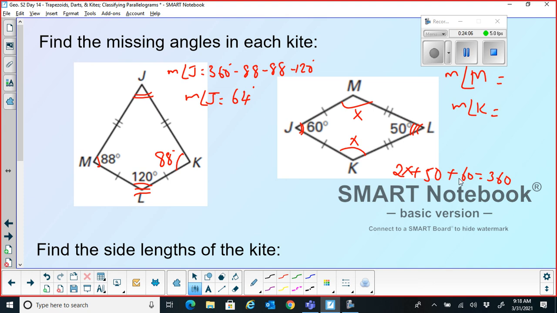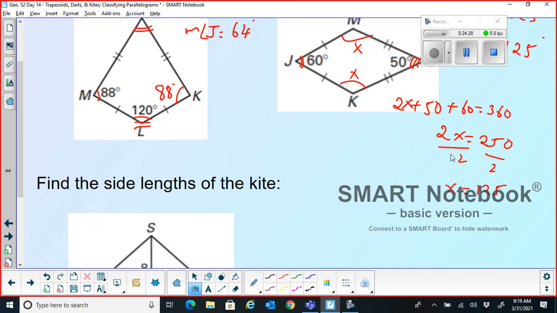Subtracting 50 and 60 from both sides, I'll get 2x equals 250. And dividing by 2 on both sides, I get x equals 125. So I can say measure of angle M equals 125 degrees, and measure of angle K is also equal to 125 degrees. Okay, I hope that is clear.